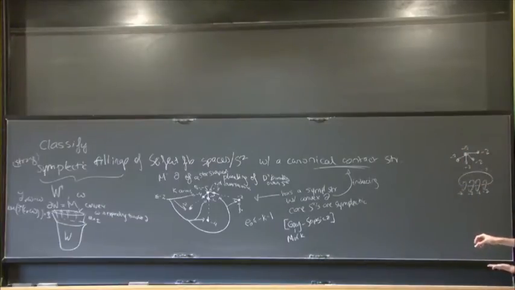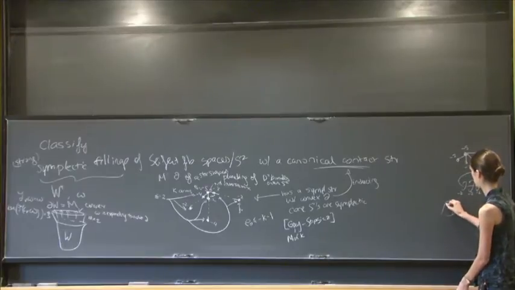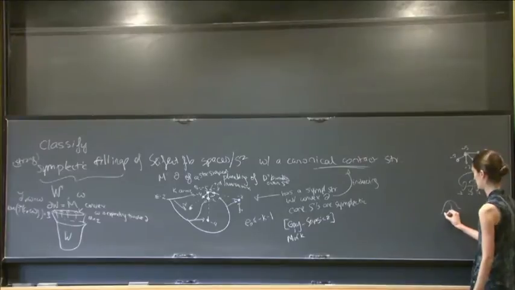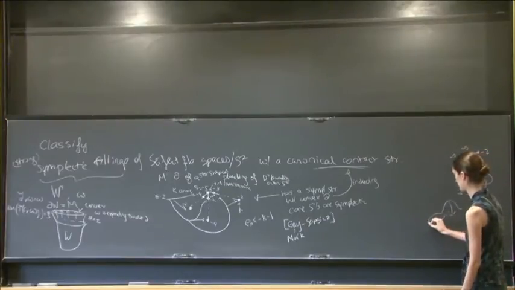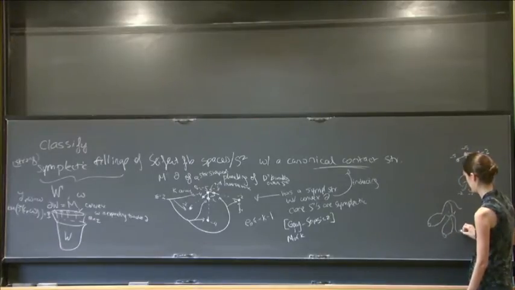So you just sort of put in a sphere for each of these vertices, and you glue them together along the plumbings, and then you put in some holes depending on the self-intersection numbers.